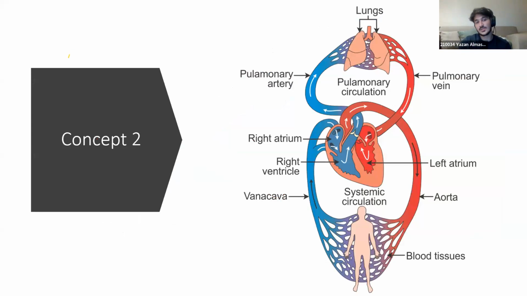So that was the first concept. Now we're going to explain the second concept, which is the circulatory system. I'm not sure how much you guys have to know, but I will explain in simple details and we can build up on that. The function of the heart is to pump blood.